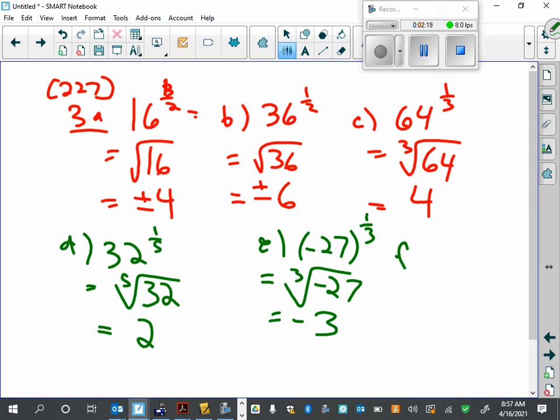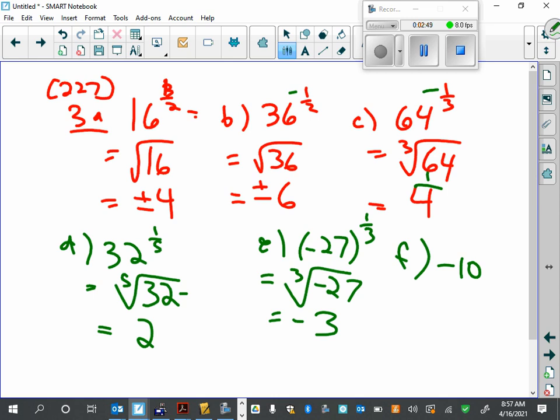And similarly, F is the cubic root of negative 1,000, which is negative 10. Any questions on those? Understand that 1 half means square root. 1/3 means cubic root. If it's a negative 1 half, that means 1 over the square root. If it's negative 1/3, that means 1 over the cubic root. And that's what we did yesterday.